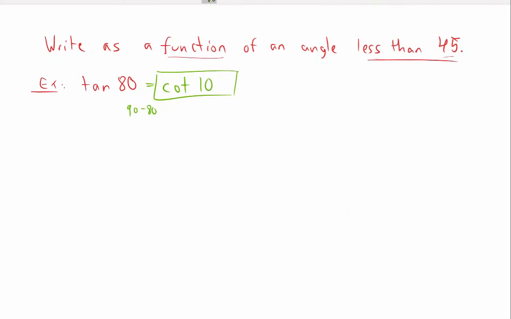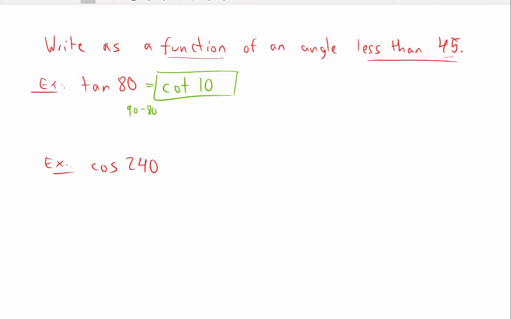What if we didn't have an acute angle? What if we had something like cosine of 240? Well, this is obviously not an angle less than 45. In fact, it's not even an acute angle.